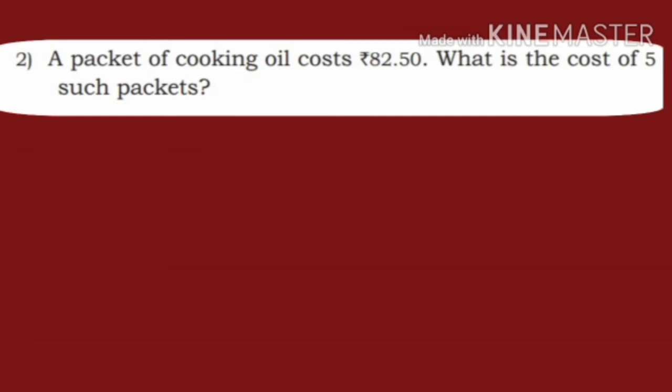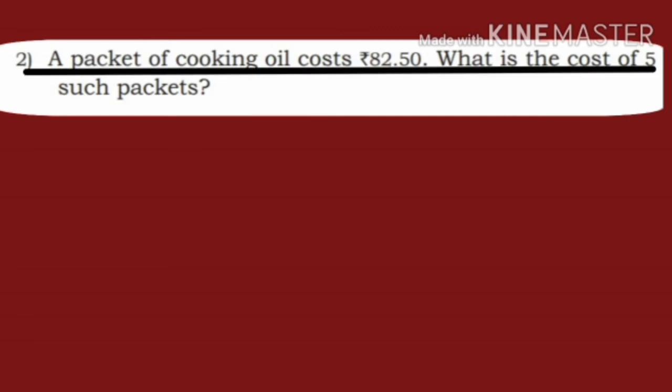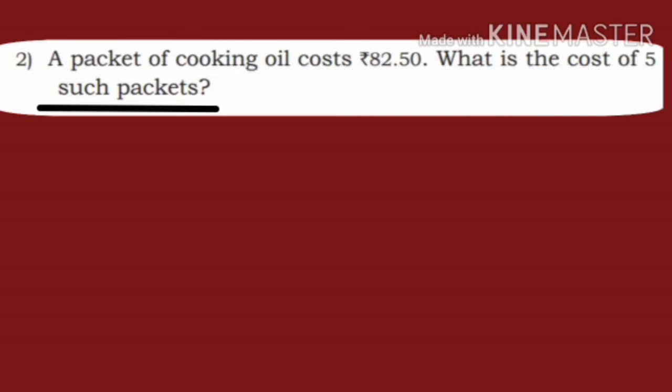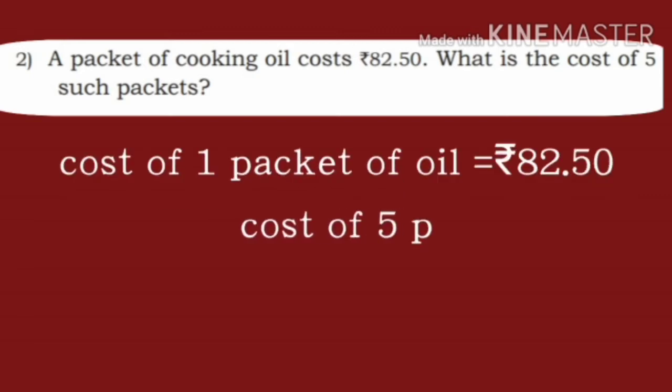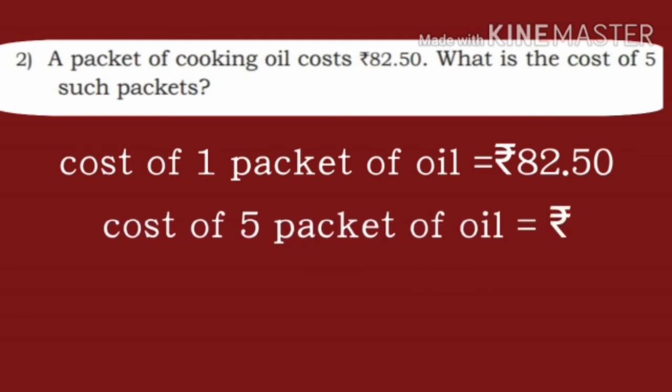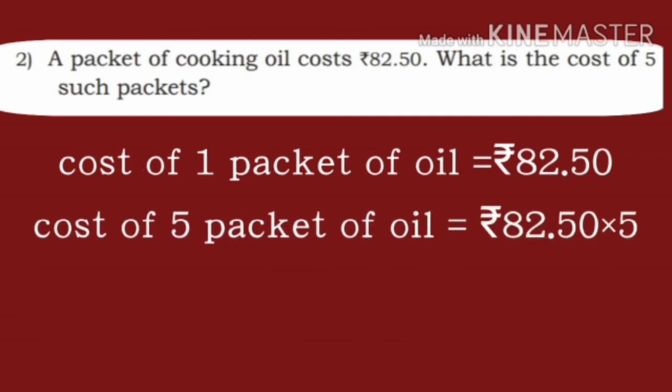Second question. A packet of cooking oil costs 82 rupees 50 paise. What is the cost of 5 such packets? So here let us write the data. Cost of one packet of oil is 82 rupees 50 paise. Cost of 5 packets of oil, 82 rupees 50 paise times 5, that is 412 rupees 50 paise.